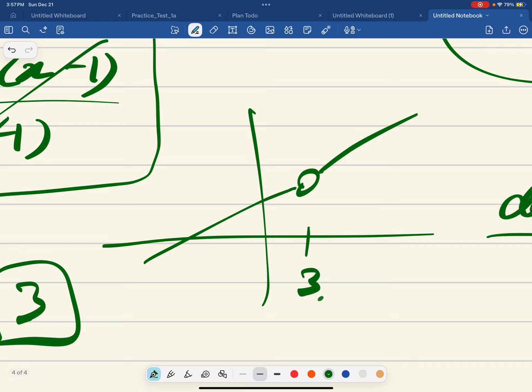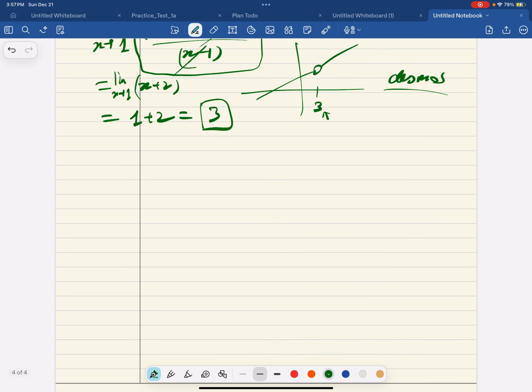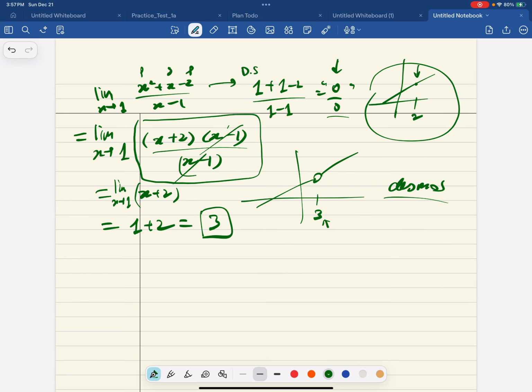And when you approach that value, you'll see that if it is a removable discontinuity, there's a gap in between.